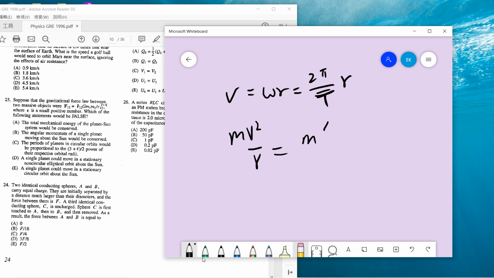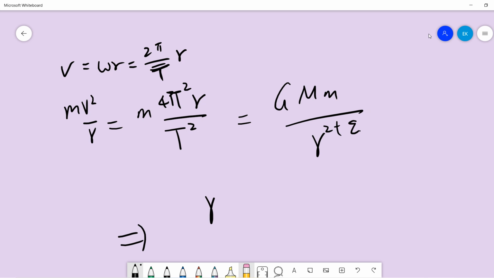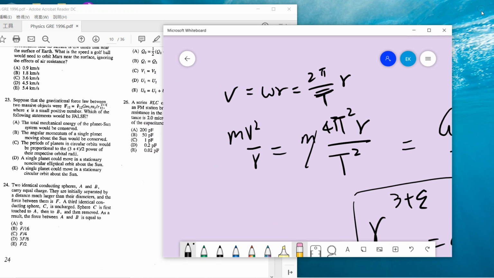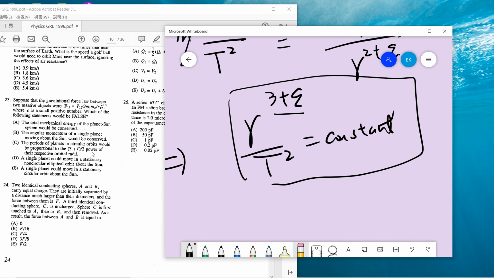So this is m 4 pi squared r divided by T squared equals some constant, G M m, divided by r to the power 2 plus epsilon. So this tells you that r to the power 3 plus epsilon divided by T squared is constant because the masses are fixed. So basically your period will be proportional to r to the power 3 plus epsilon divided by 2. So C is correct. D, the single planet will have a stationary non-circular orbit.